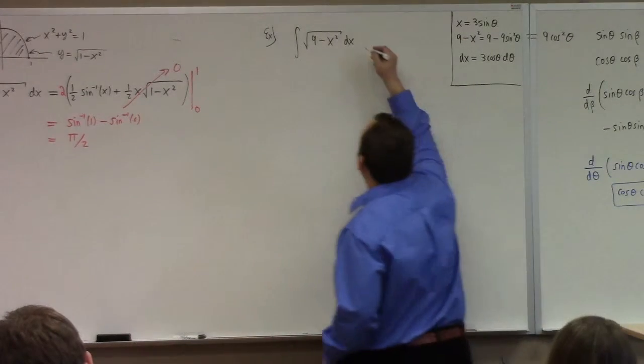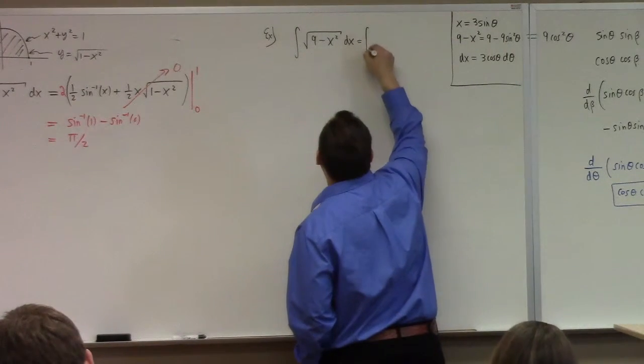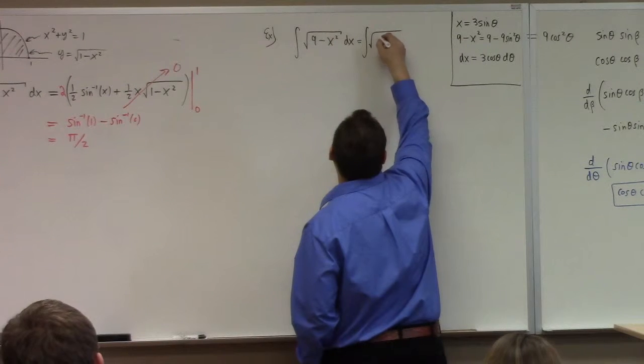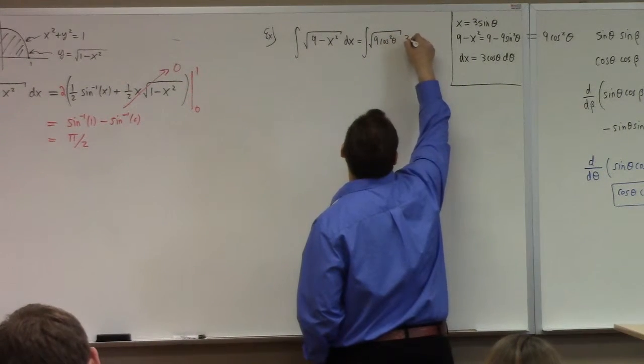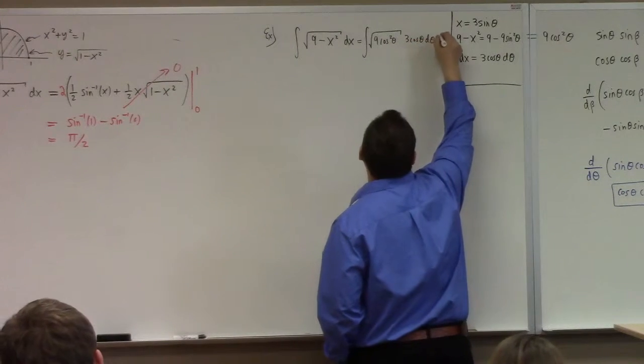So we make that substitution. We have the integral of the square root of 9 cosine squared theta. And then the dx, of course, gives me 3 cosine theta d theta.